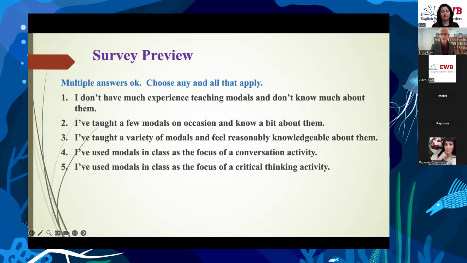Two that say they don't have much experience, one who has a little bit of experience, a couple who've taught a variety of modals, and then a couple who've used modals for conversation, and one who's used modals for critical thinking. Okay, looks like six answers, so we'll go ahead and move on there. Thank you very much for sharing that information. Okay, and a seventh. All right, very good. Okay, so I hope this will be helpful to most, if not all of you.